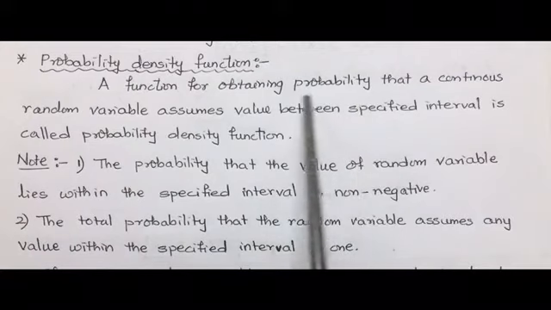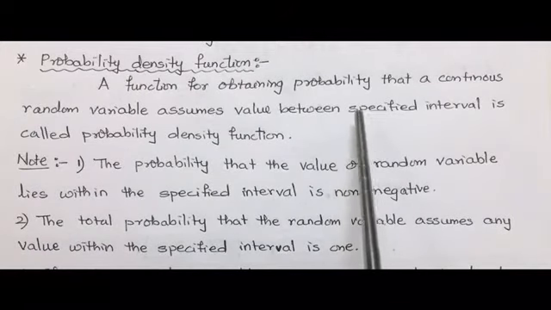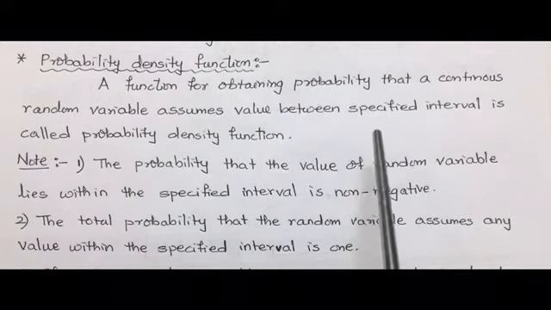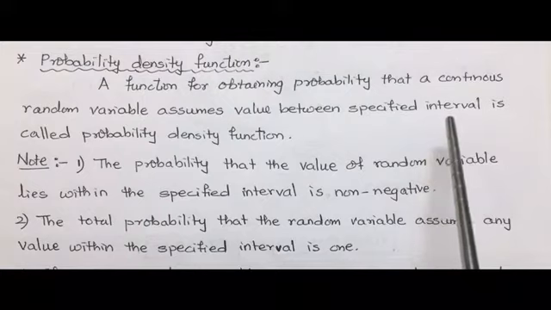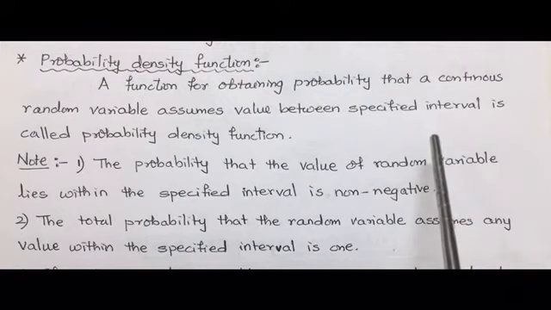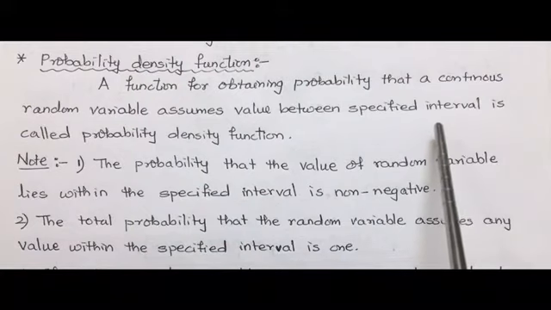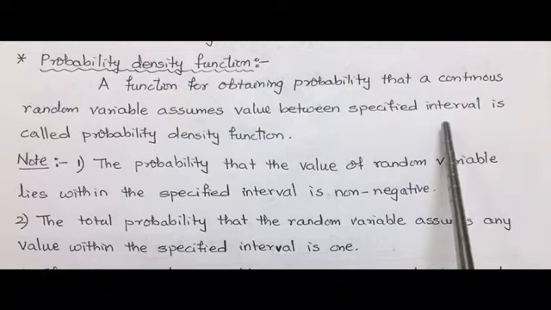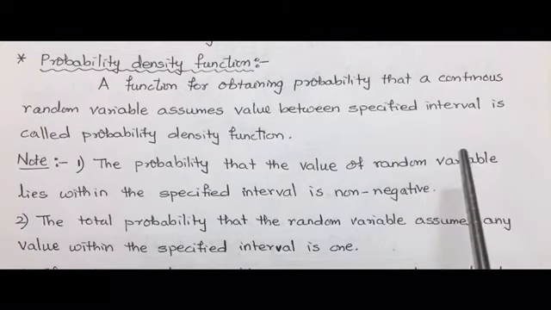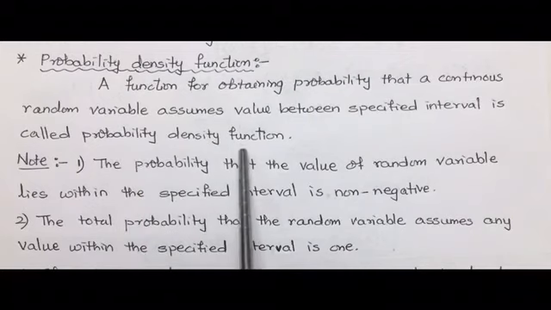That means whatever the probability we are going to calculate of the continuous random variable, it will be assuming the value within a specific interval given. So if the probability is being taken up from a specified interval, then that function becomes probability density function.